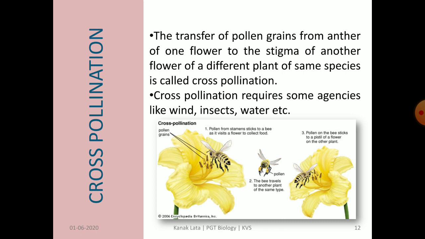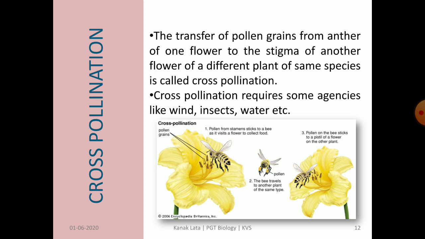Different cross-pollinating agents are wind, insects, water, birds, bats also, human being also. In 12th class, pollinating agents and details about these types of pollinating agents you will study.